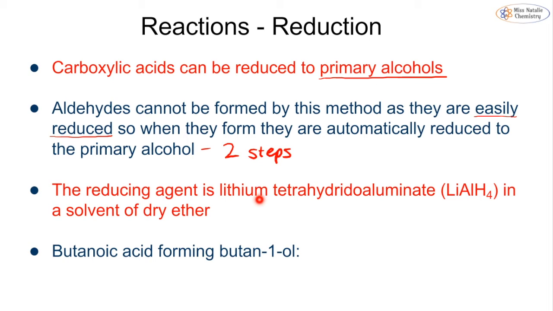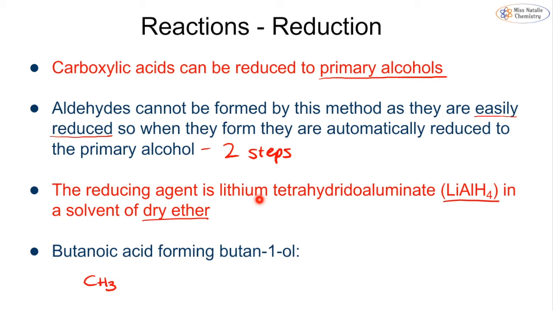If you want to make the primary alcohol, you would simply use a reducing agent, which is the same one that we saw back in topic 15B, which is LiAlH4, and that is in a solvent of dry ether. And the example that we want to look at now is butanoic acid.